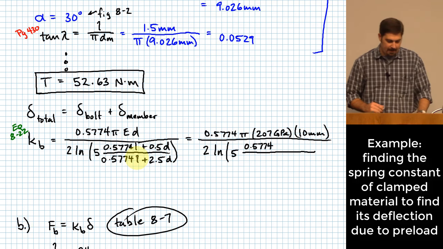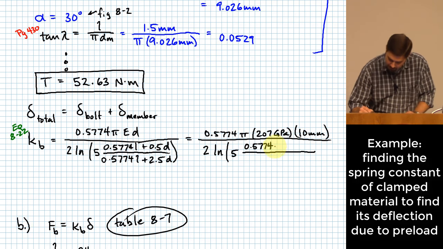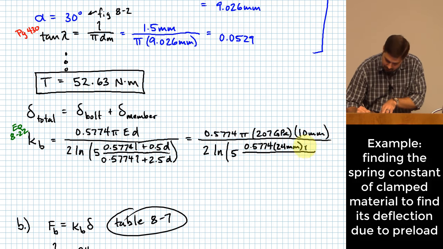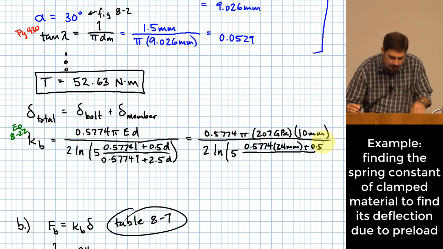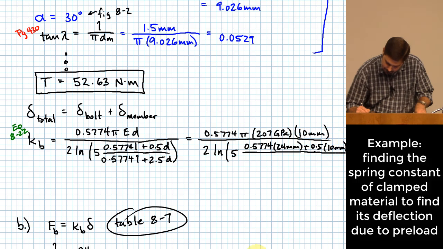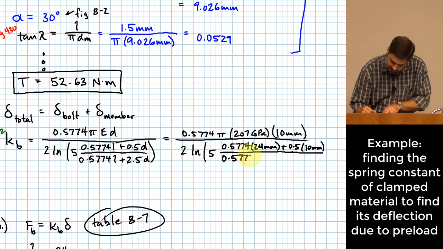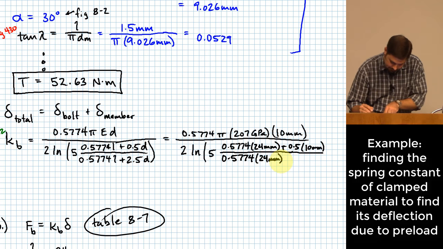So what do I put in for that? Okay, 24 millimeters. Then we have plus 0.5 times 10 millimeters. And in the denominator I have 0.5774 times 24 millimeters plus 2.5 times 10 millimeters.